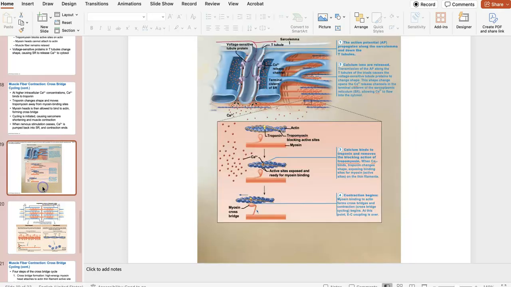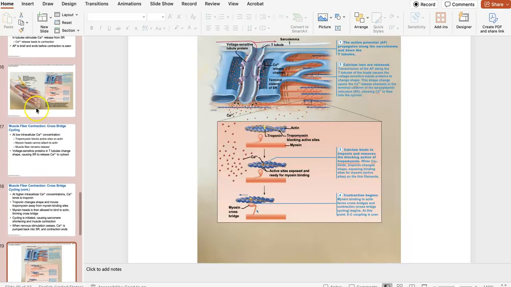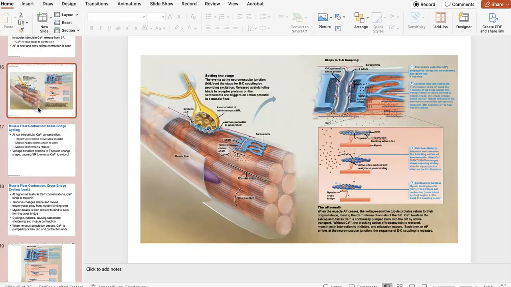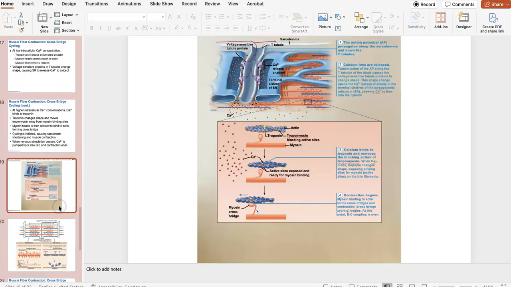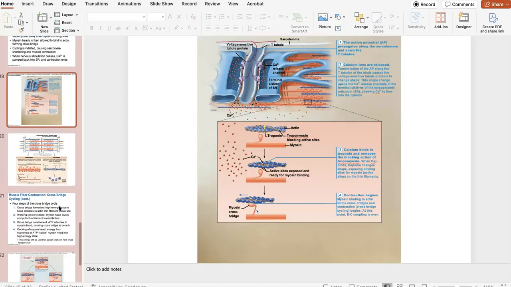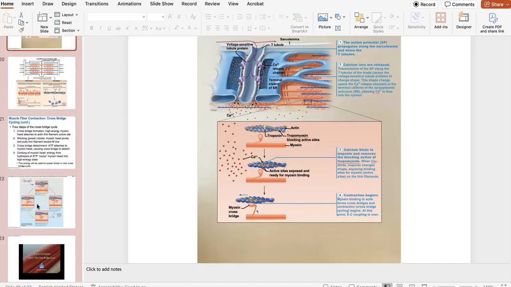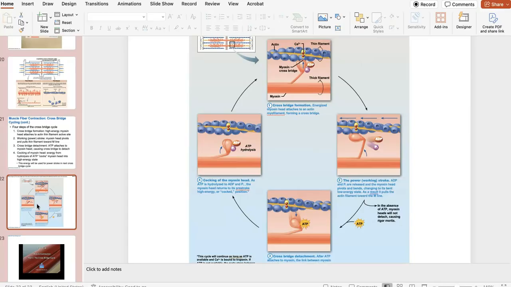Print this slide as a page by itself. This one, or you can probably go with this one here. I would probably go with this one since it's a little bit bigger. And then print this one here. And line them up in order, 1, 2, 3. Okay, line them up linearly, 1, 2, 3. And talk your way through the process.